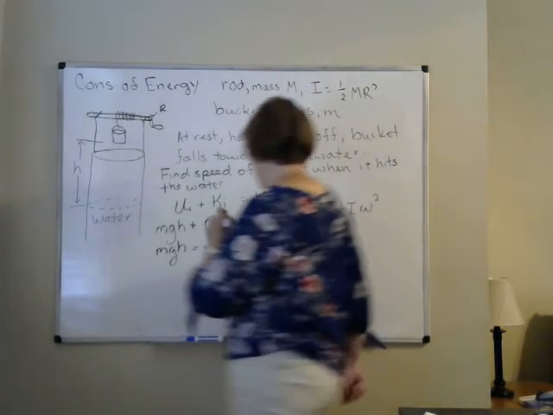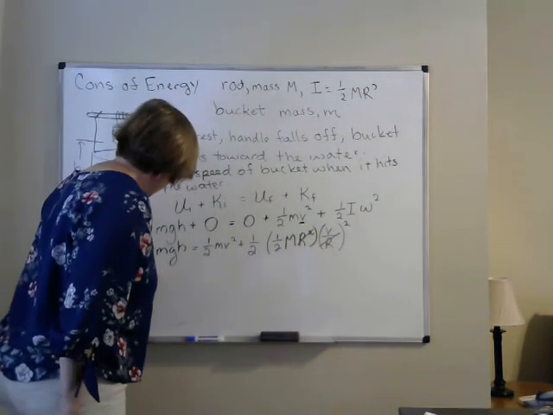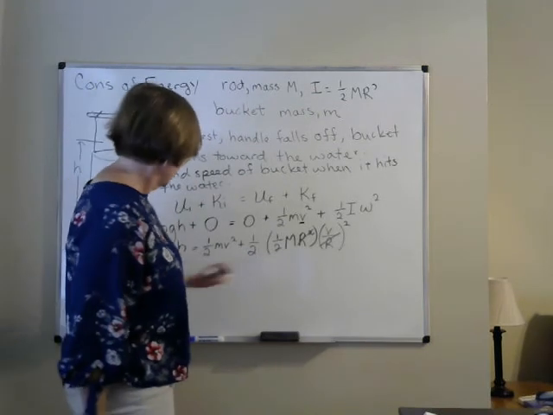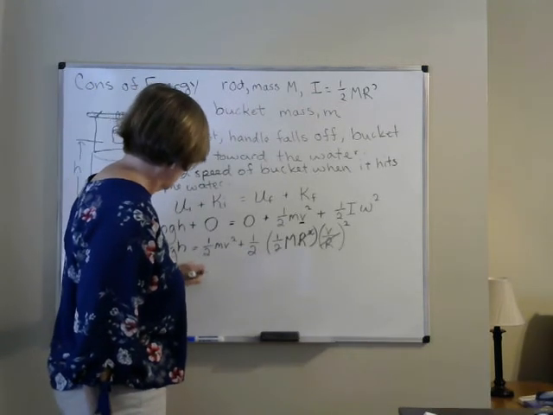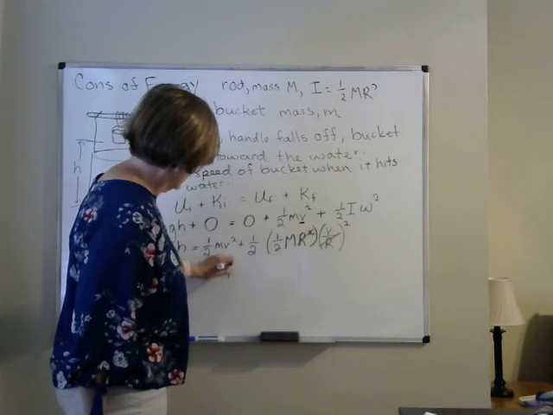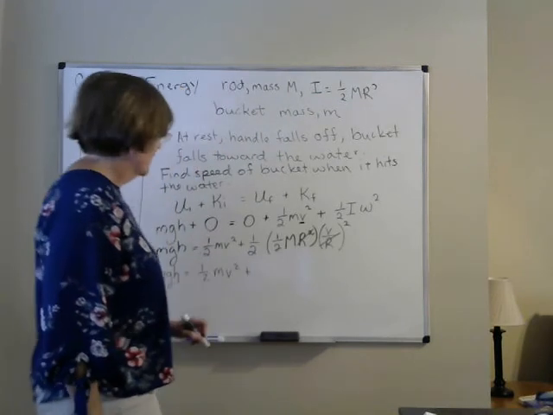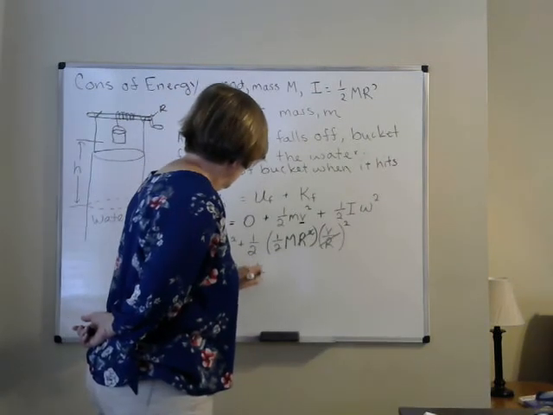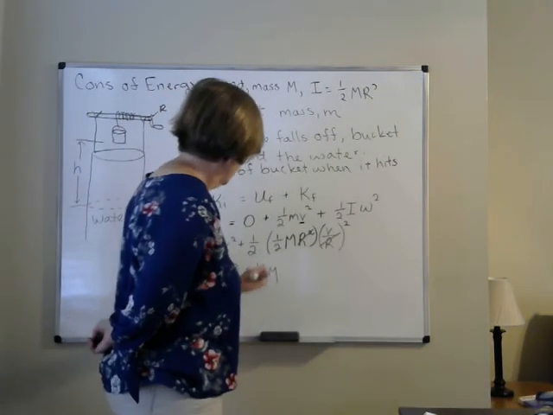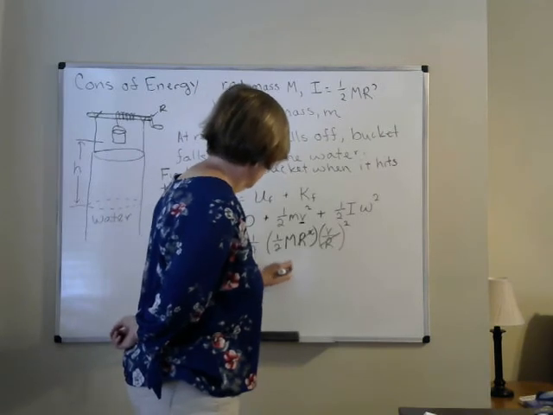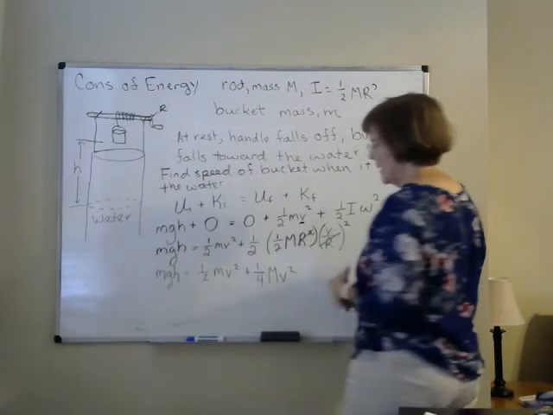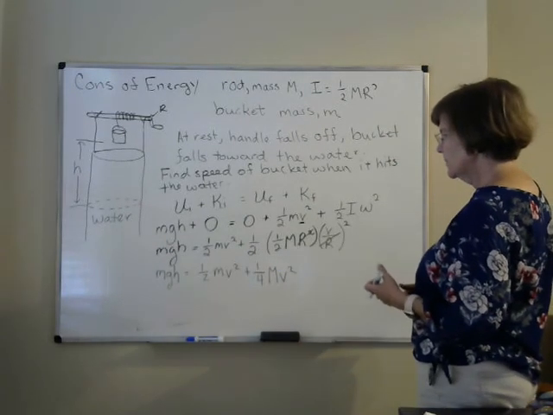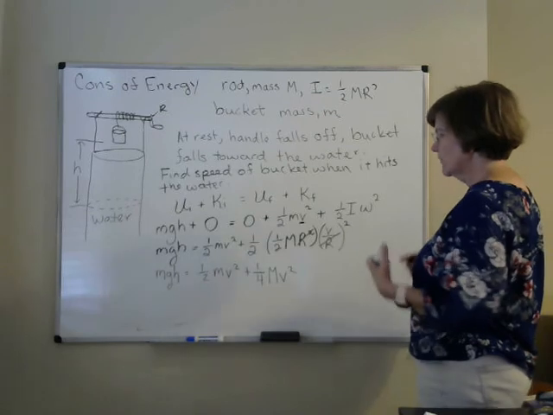I get MGH equals 1/2 MV squared plus 1/2 times 1/2 is 1/4 capital M V squared. I've gotten rid of everything except M, G, and H, and I need to solve for V.